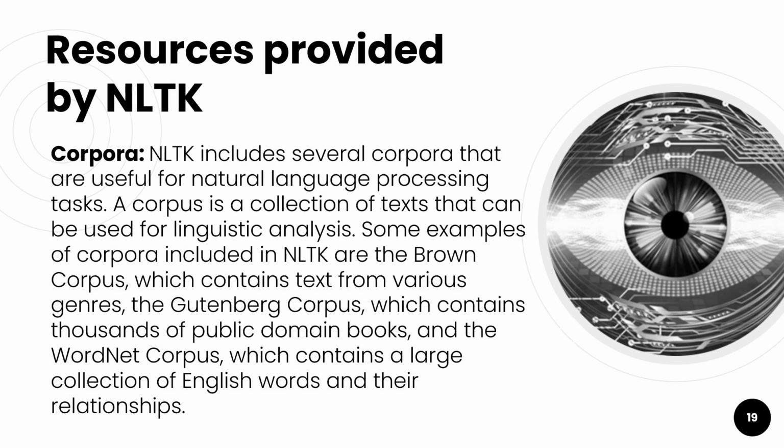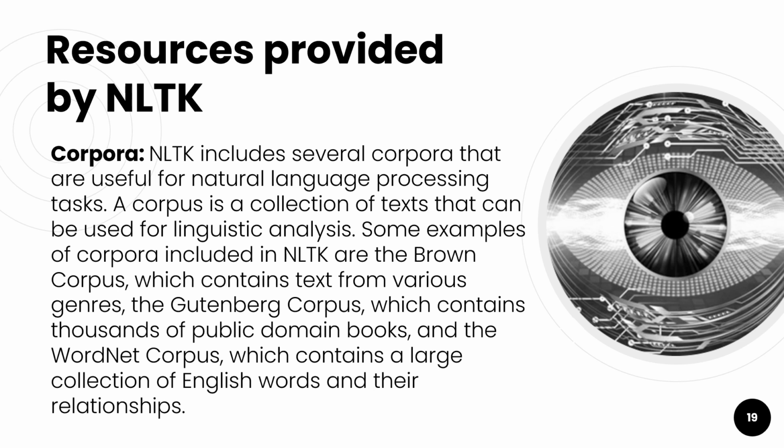In this slide, I'm going to talk about the resources provided by NLTK, which are corpora, lexicons, and models. Corpora are collections of text, for example the Brown corpus and Gutenberg corpus, which are useful for natural language processing tasks. A corpus can be used for linguistic analysis.